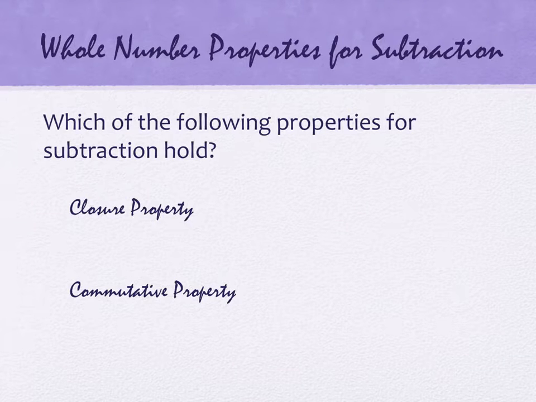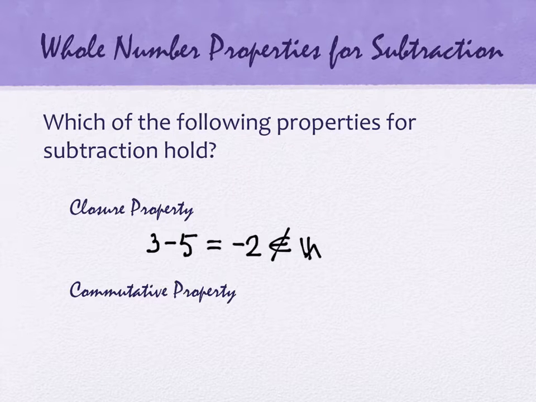Let's see, 3 minus 5, and that gives you -2, and -2 is not a whole number, right? So closure does not hold for subtraction, and what you just created is called a counterexample.